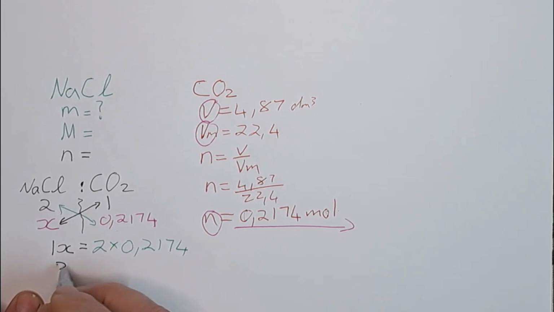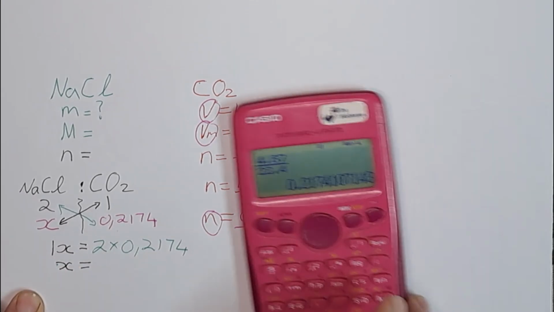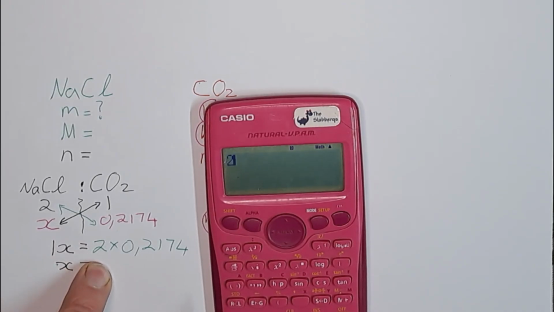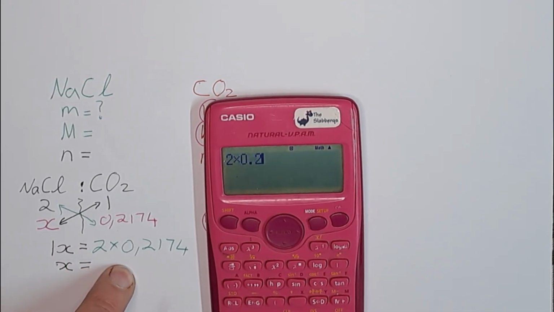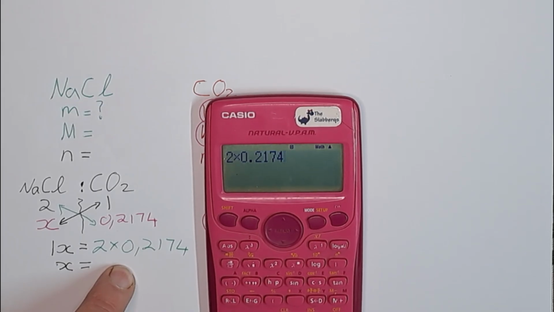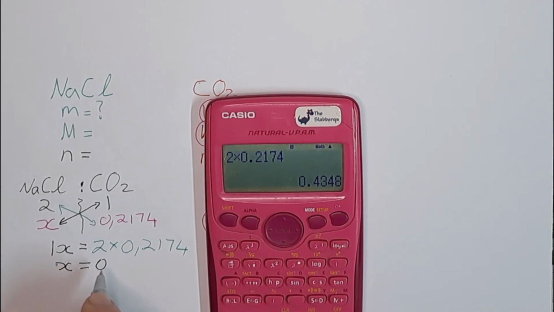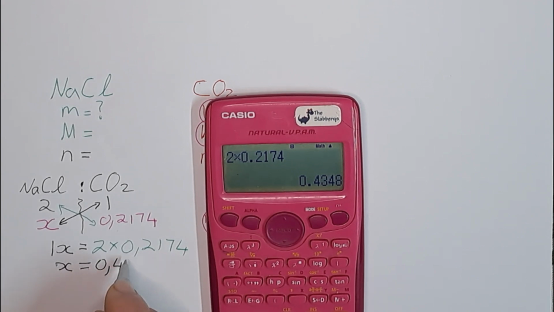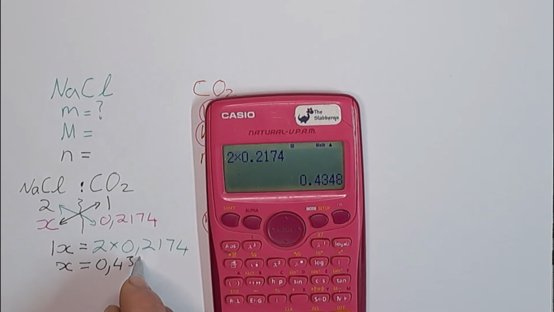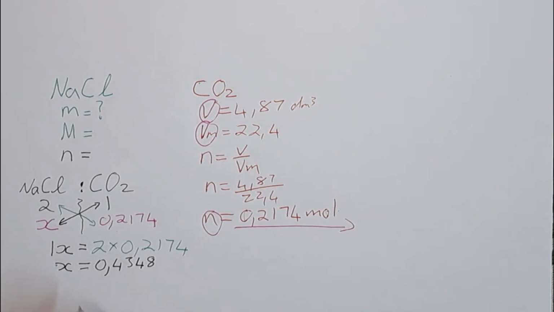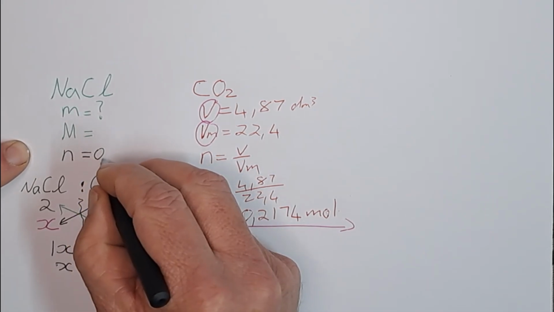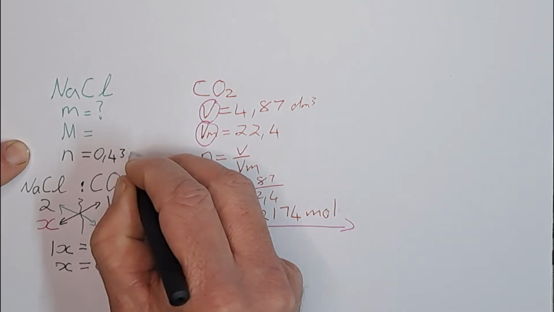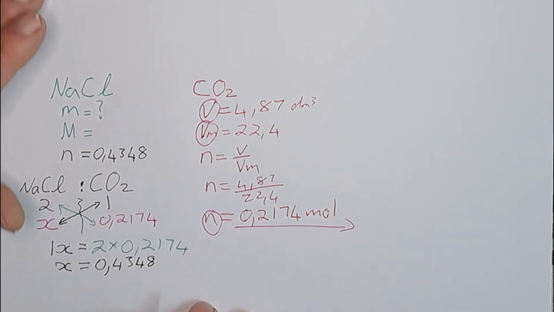I'm not going to divide with the 1 again, so it's going to be 2 multiplied by 0.2174 equals, and the reason why I'm not dealing with the 1 again is because we all know multiplying or dividing with 1 keeps the answer the same. 0.4348, and that is now my mole for sodium chloride.